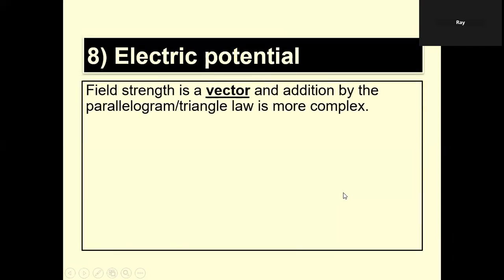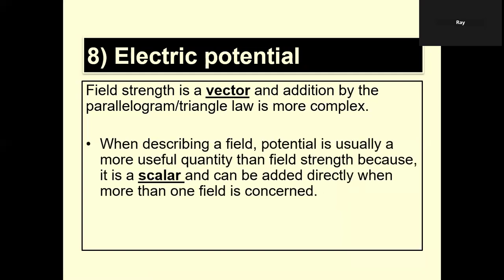Okay, electric potential. Electric field is a vector, and addition by parallelogram or triangle law is more complex. A lot of work, a lot of calculation involved. When describing a field, potential is usually a more useful quantity than an electric field because it's a scalar quantity and can be added directly when more than one field is in concern.